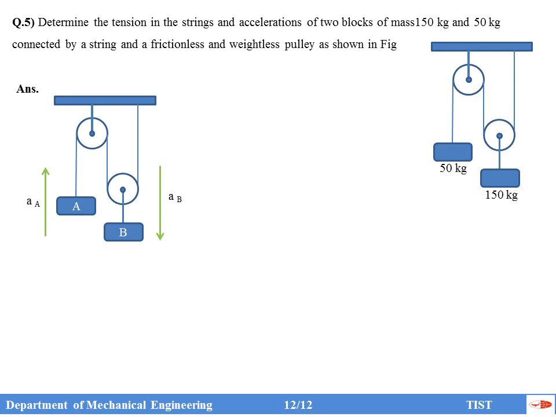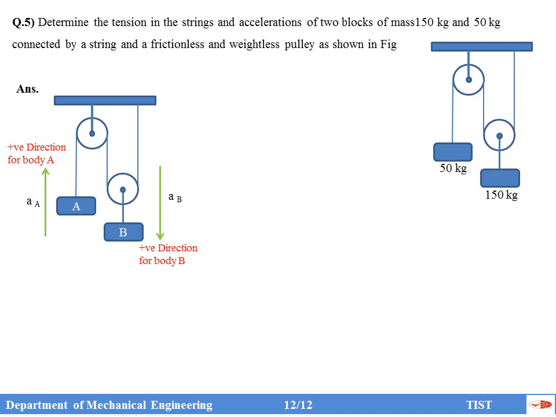So if body B is moving in the downward direction, the pulley connected with body B will move in the downward direction. So body A obviously will move in the upward direction. Now the downward direction is the positive. So the direction of AB is the positive direction for block B, and the direction of AA is the positive direction for block A. So it is not the traditional positive negative direction in dynamics.